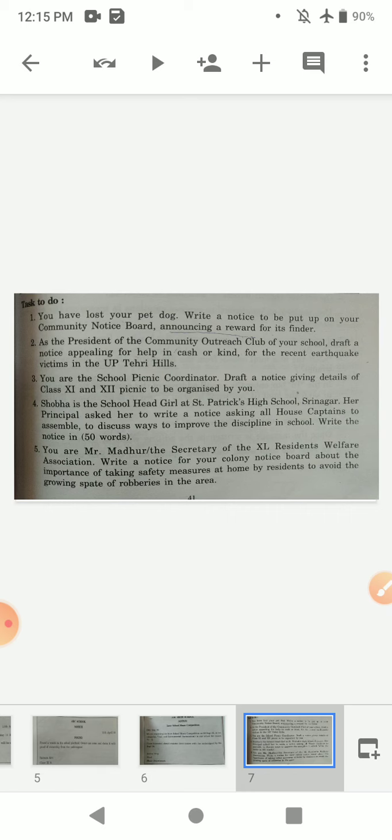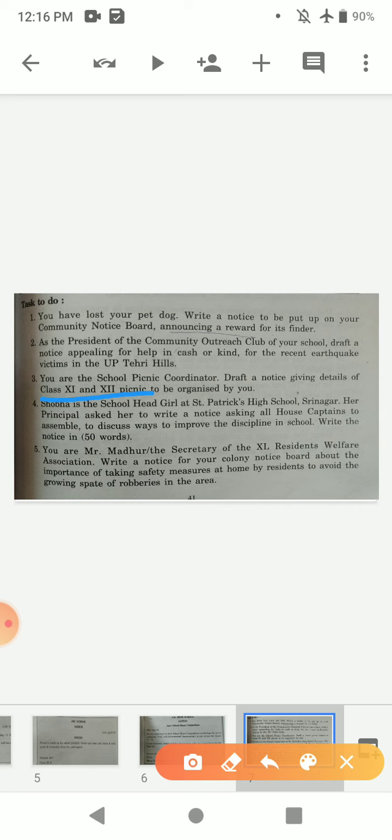Similarly, you have, as the president of the community outreach club of your school, to draft a notice appealing for help in cash or kind for the recent earthquake victims in the UP Tehri Hills. And next is, you are the school picnic coordinator, draft a notice giving details of class. So the audience is here, and you are the school picnic coordinator.